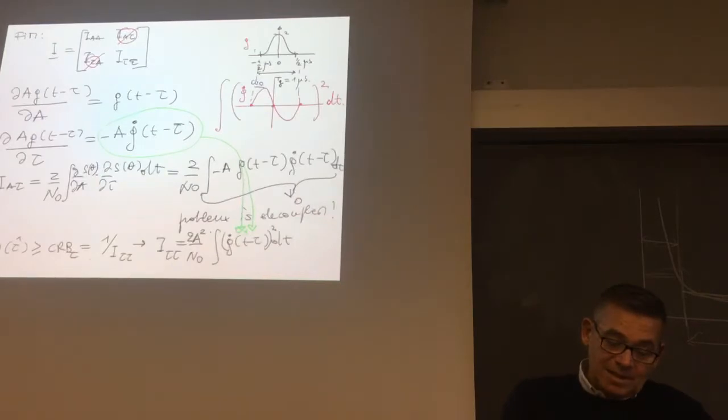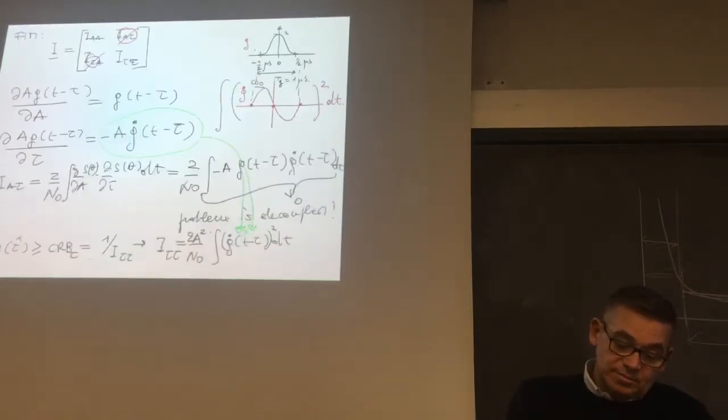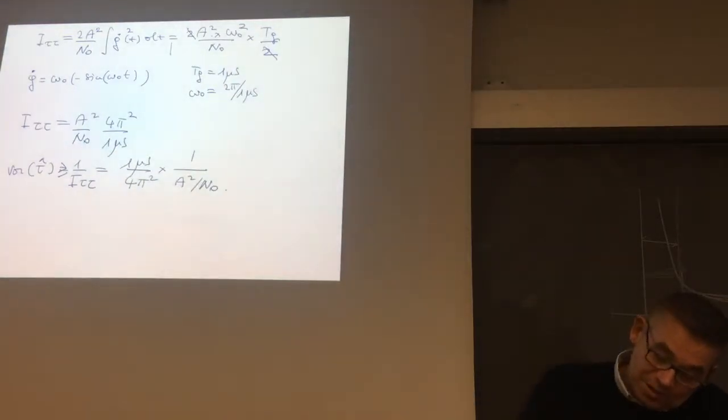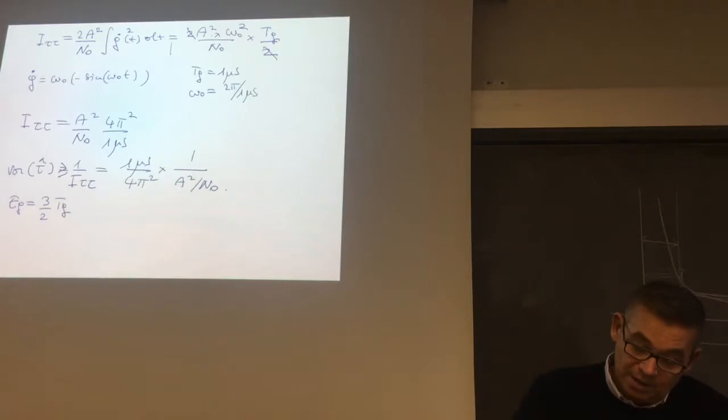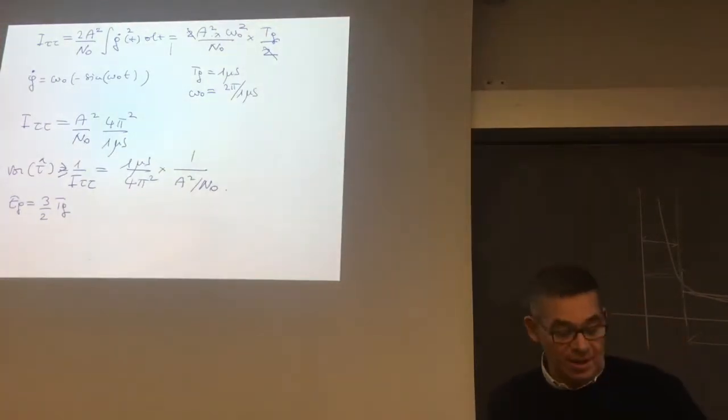How much is the energy? The energy is 2 times Tg, 3 times Tg divided by 2. Let me get the result. The energy of g is 3 times 2 divided by 2 Tg. So I can recalculate everything with respect to that.